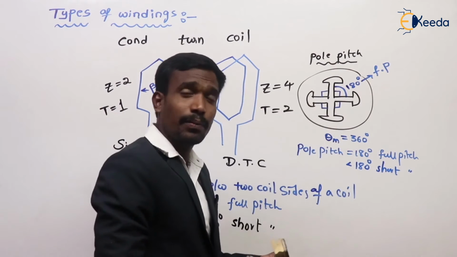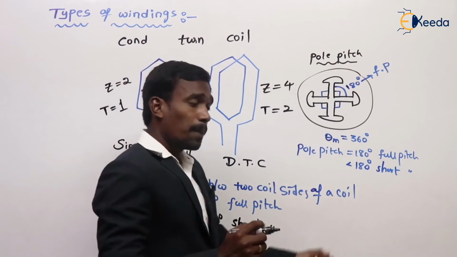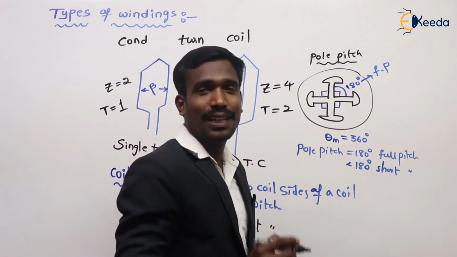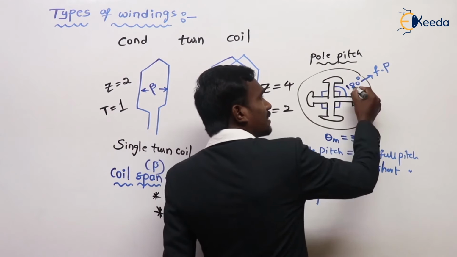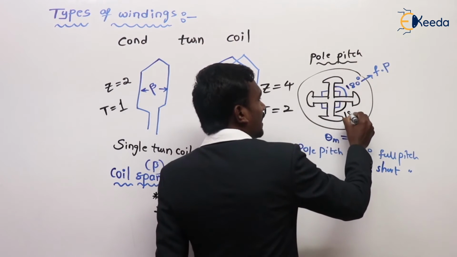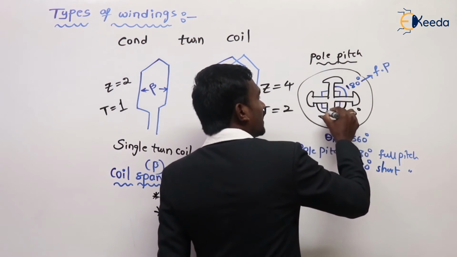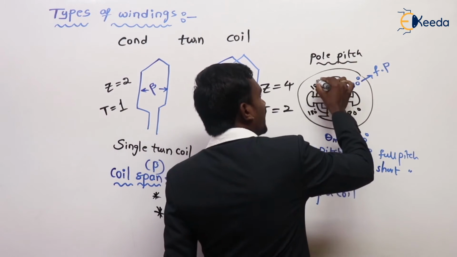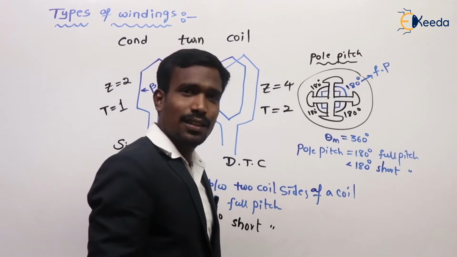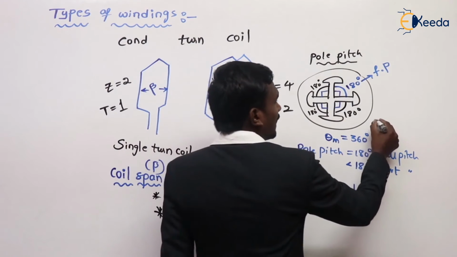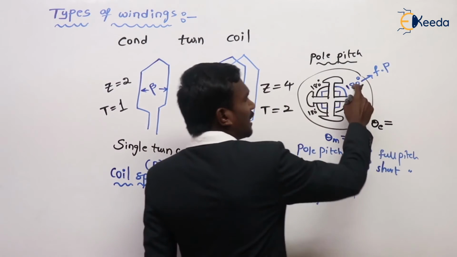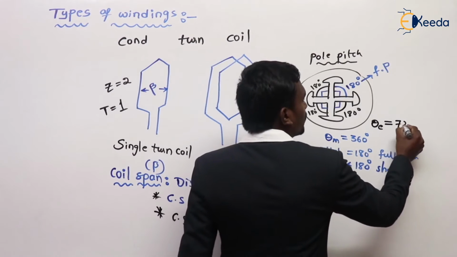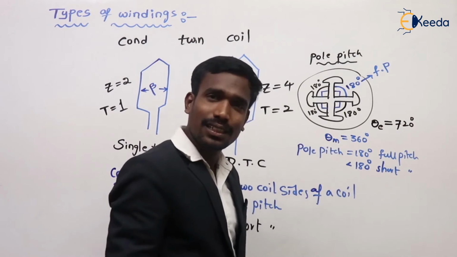Remember, pole pitch is an electrical angle. This is not a mechanical angle. Here electrically 180 degrees, here electrically 180 degrees, here electrically 180 degrees, and here also electrically 180 degrees. Can you tell me what the total electrical angle is? 180, 180, 180, 180 is equal to 720 degrees.